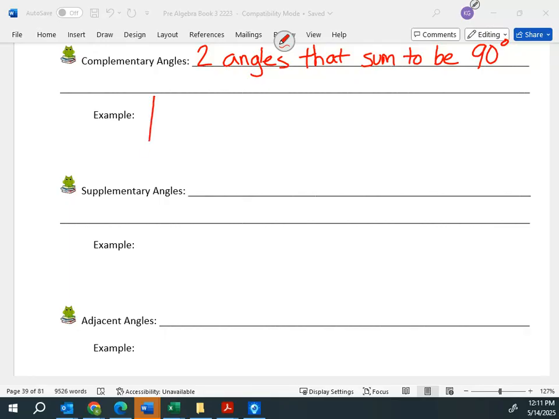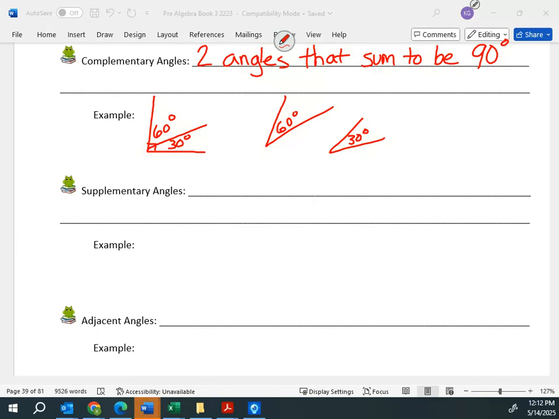Sometimes they're connected, and we might have like 60 degrees and 30 degrees, and we know together that makes that 90-degree angle. They could also be apart. They're still complementary. They don't have to be next to each other to be considered complementary. They have to have two angles that add together to equal 90 degrees.